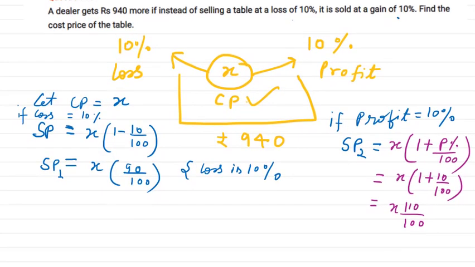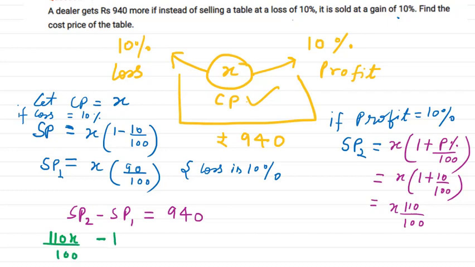Now the difference of these two selling price is how much? 940 rupees. So here the SP2 minus SP1 is equals to 940 rupees. So now you have to just calculate it to get the answer. So we have our first SP1, that is 110x by 100 minus 90x by 100, so equals to 940.